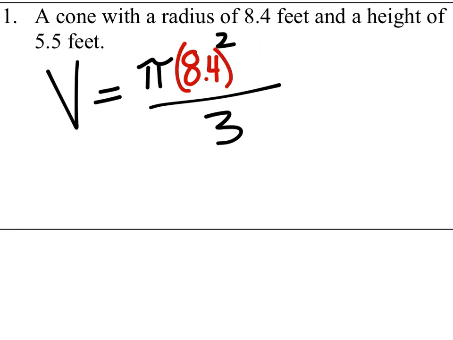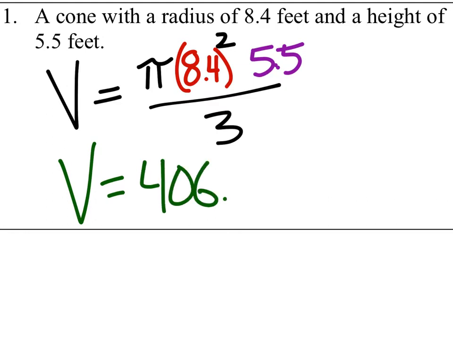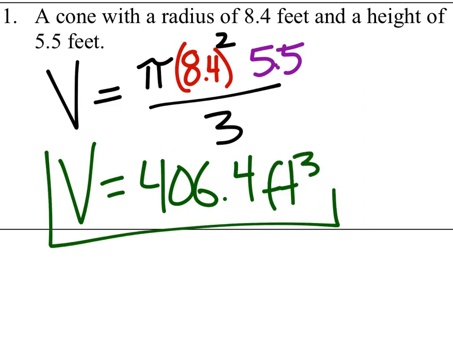And the height is 5.5. So once again, I'm just typing this directly into my calculator, and at the end, that fraction is divided by 3, which gives me the volume: 406.4 feet cubed. Done.